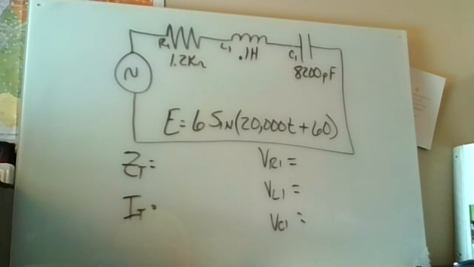So that gives us 1, 2, 3, basically 4 weeks from today. I plan on being done. That's May 5th. So we got to get through parallel, series parallel, and then we got to do capacitors. Just capacitors in a circuit.